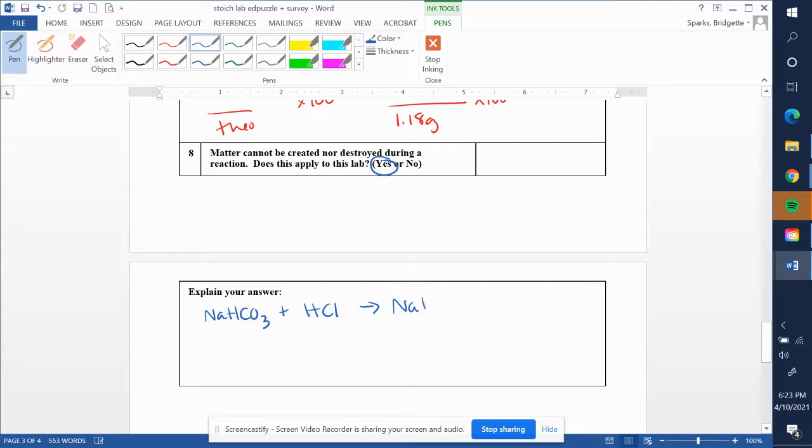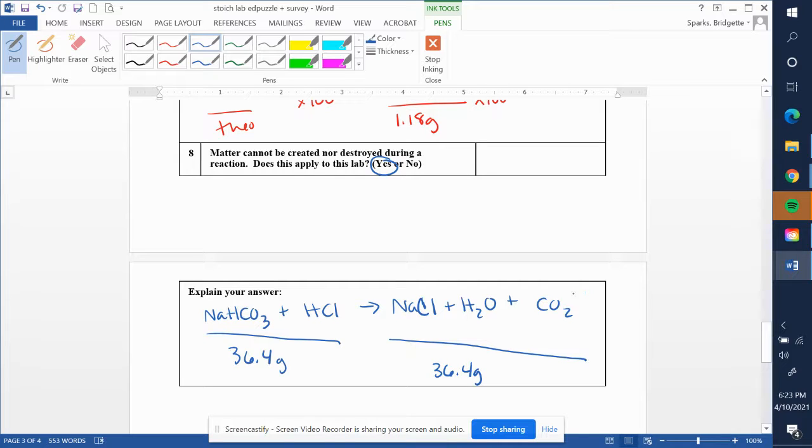So if we think about it, right? We made salt, we made water, and we made CO2, right? And together, these had a mass of 36.4 grams. So that means all of this should have a mass of 36.4 grams.